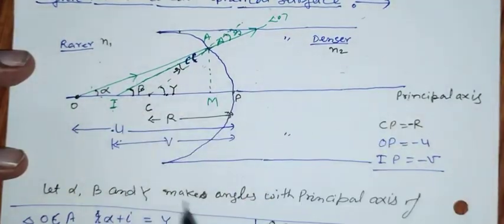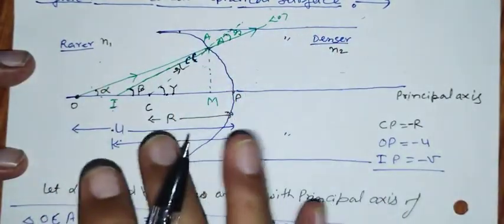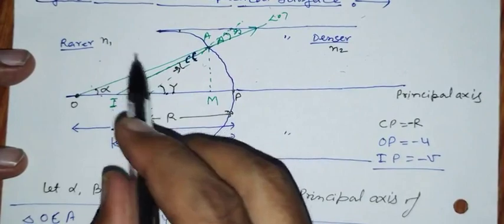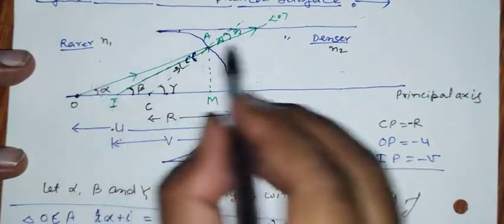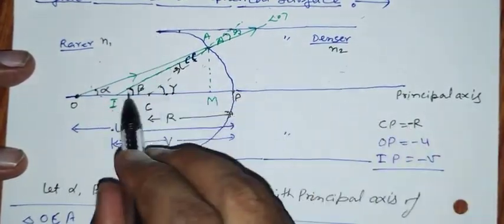Now Snell's law speaks. We are going to take the value of Snell's law, that is n is equal to n2 by n1 is equal to sin i by sin r.